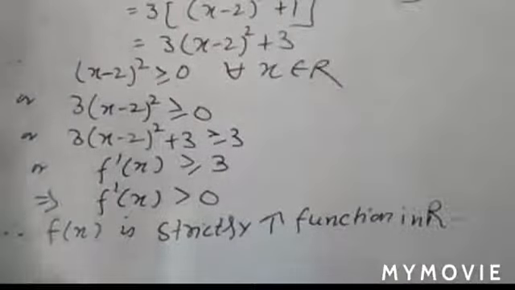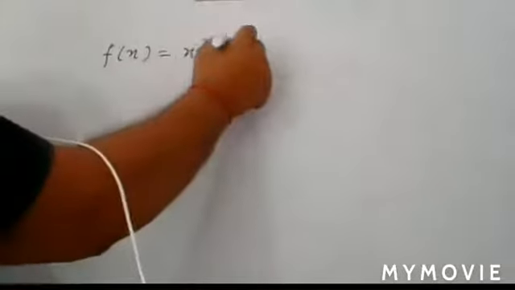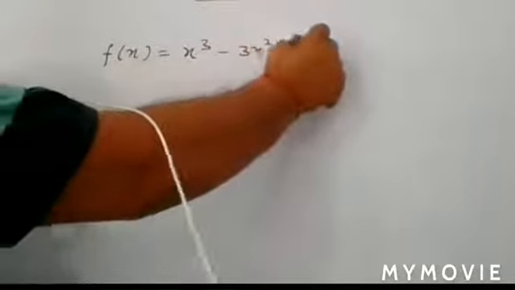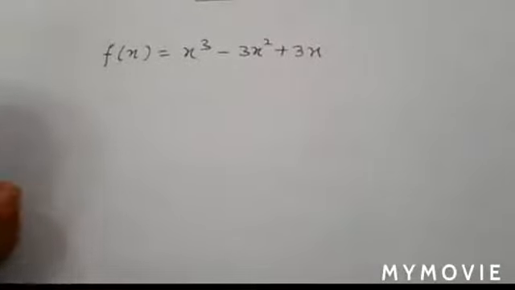So the function f given by f(x) is equal to x cube minus 3x square plus 3x is strictly increasing on R. You have to prove that.